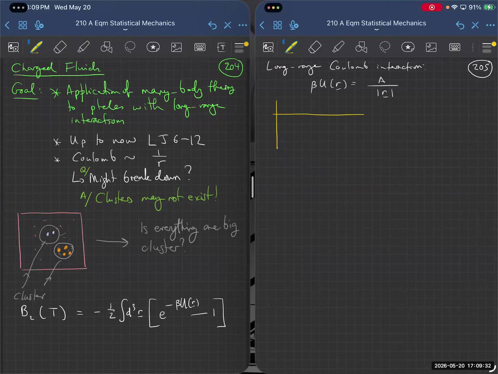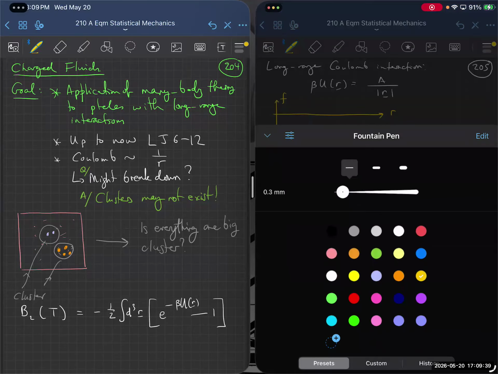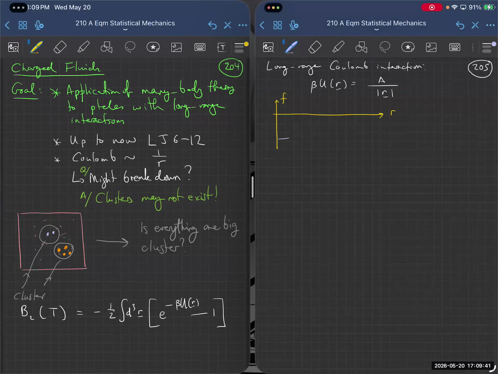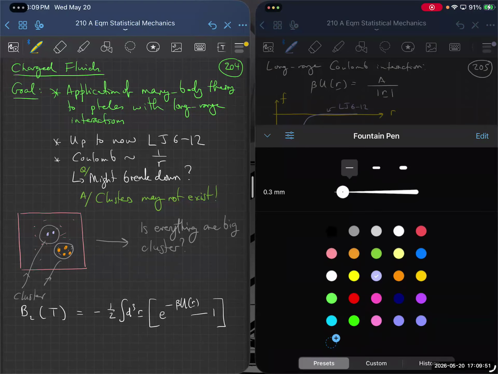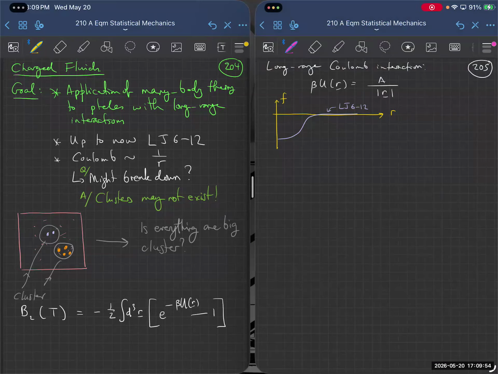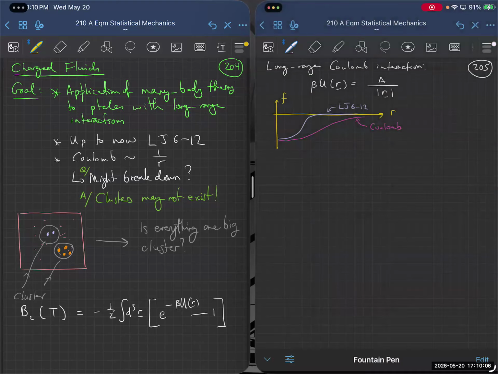If you remember, I drew it for you last time for the Lennard-Jones 6-12 potential, so it looks something like that. And if I were to draw it for the Coulomb interaction, it looks something like that. We can actually see that explicitly, so let's write down what the Mayer f function is.